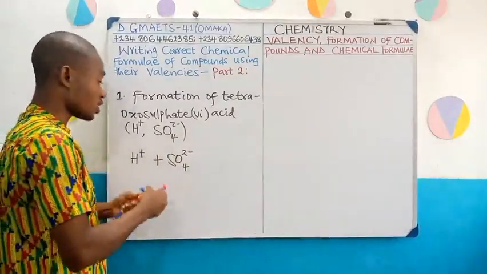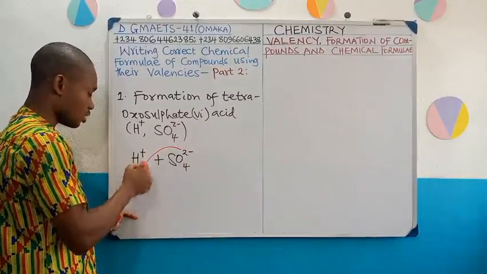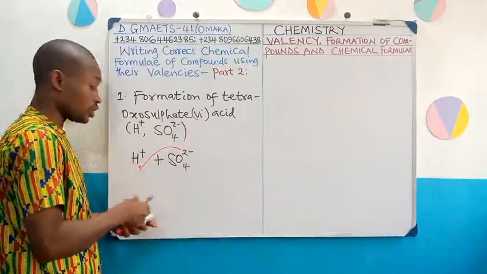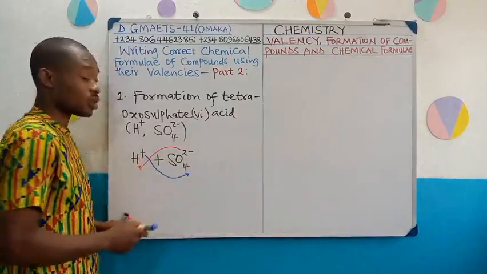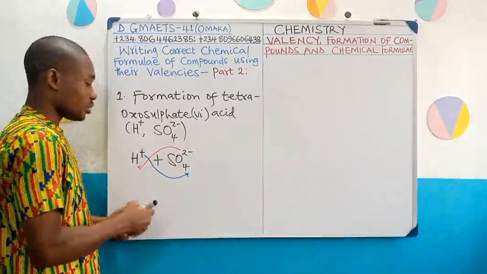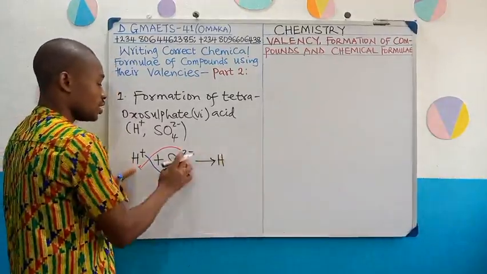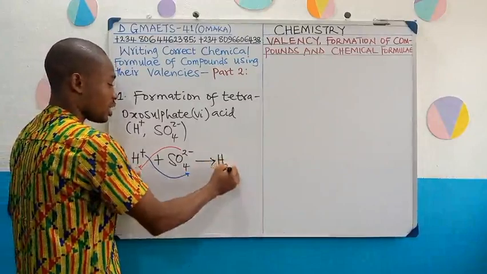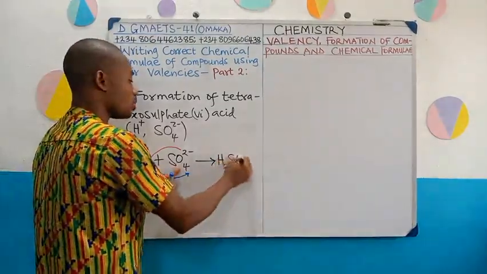Now, during the process, what is going to happen? They will interchange their valency. SO4 2- will step down its valency to hydrogen, and hydrogen will step down its +1 valency to the SO4 2-. So this is what we now get: H2, because the 2 has been stepped down and becomes the atomicity of hydrogen, then SO4.